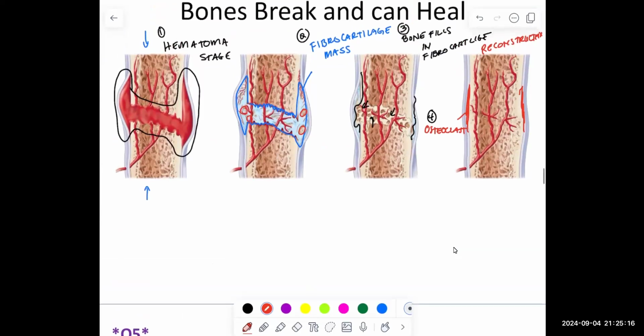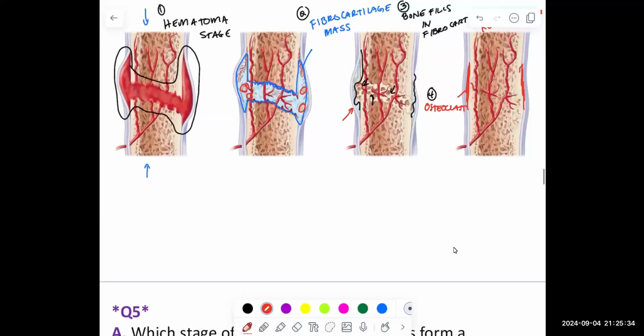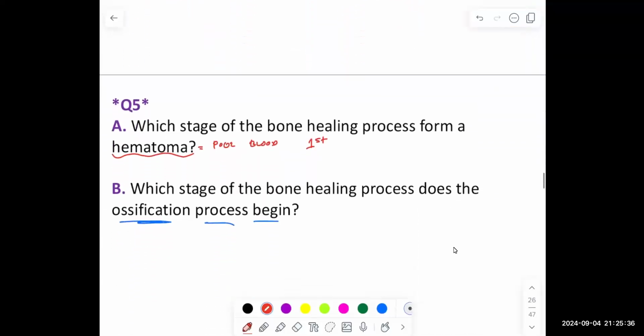So when the fibrocartilage mass is formed, there's already bone coming in. So it started. This is when the ossification takeover of fibrocartilage is complete. So this one is stage 2 when it begins.